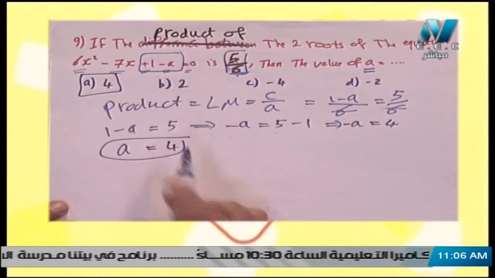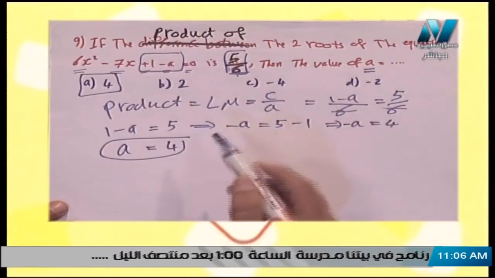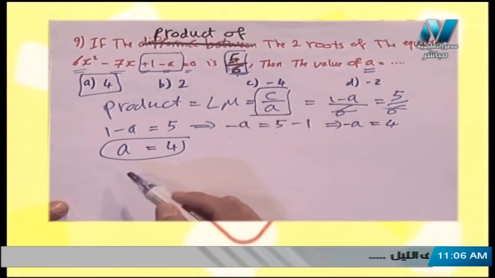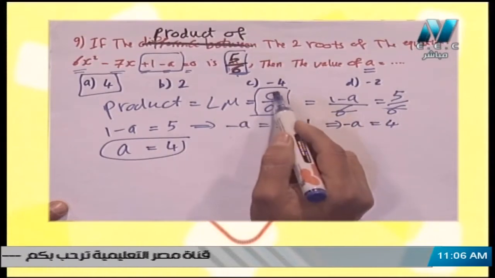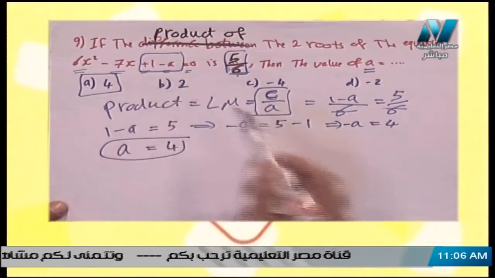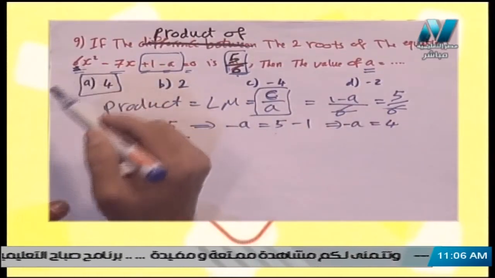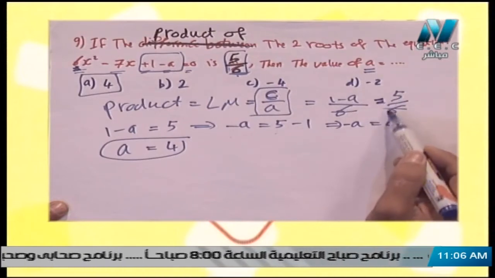So, is it right? When you have the product of the two roots, the product equals LM, which has the rule C over A. We put C in its place, 1 minus A over A, which is 6, and equate it to 5 over 6.